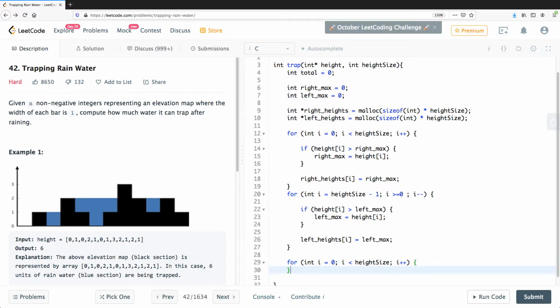What we do is we say total equal to total plus minimum of the right heights I from that point, left heights I, and then you subtract from that our current height at that point.